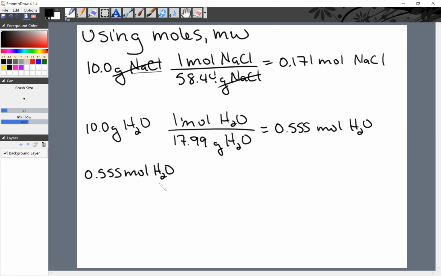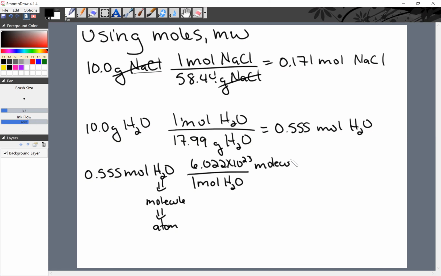Because remember, a mole will first go down to a molecule, and then it will go down to an atom. So you have a whole bunch of molecules in a mole, and then you can break it down into atoms. So I know that in 1 mole of water, there is 6.022 times 10 to the 23rd molecules of water, right?